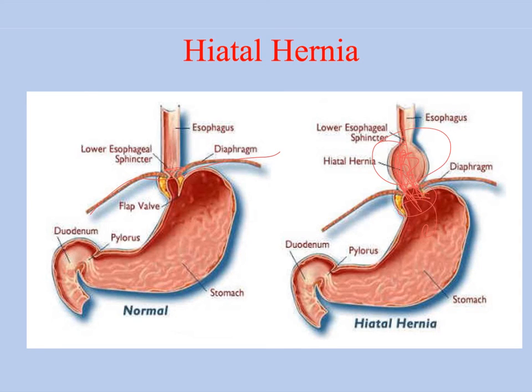There are a few more serious hiatal hernias, the rolling hiatal hernias, where a much larger portion of the stomach herniates up through the diaphragm, and that requires a little bit more surgical intervention. But for the most part, hiatal hernias can be treated very similar to GERD, with lifestyle changes and the same medication.